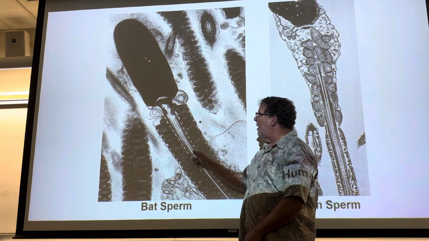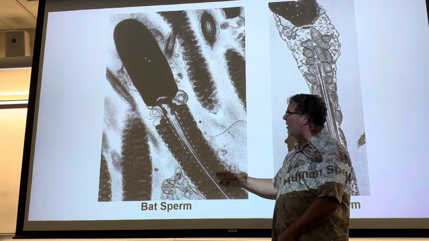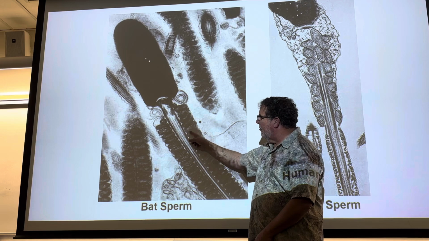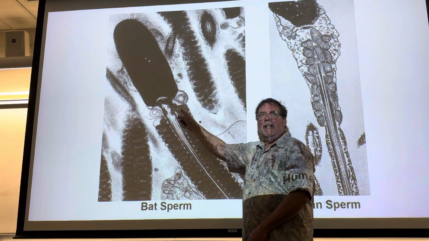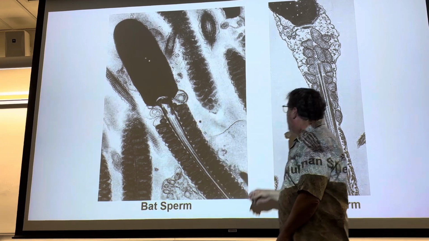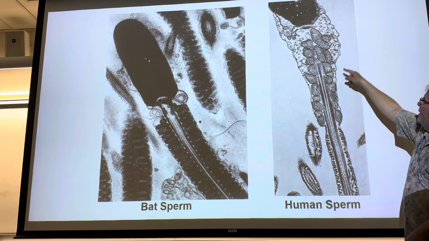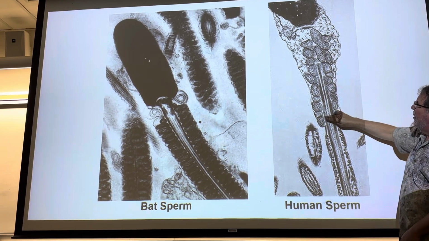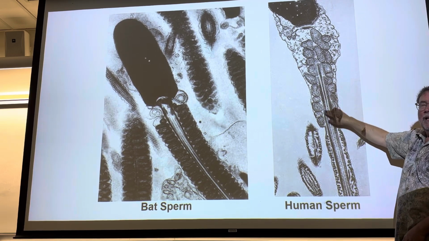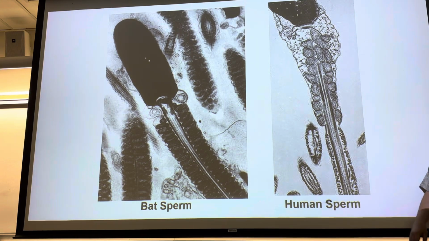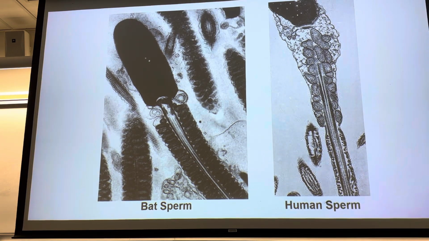And there's obviously a lot of selection for sperm motility. And you see what's happened. See all the mitochondria that are just lined right up here, basically provide the ATP to help drive that. That's bat sperm. Here's human sperm again. There's a whole bunch of mitochondria right here, just lined up basically to provide that molecular motor that drives the flagella in there. That's bat and human.